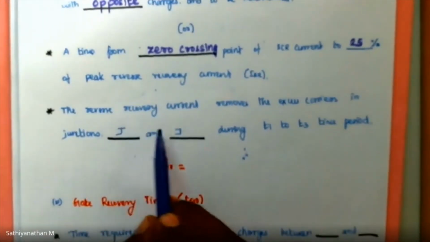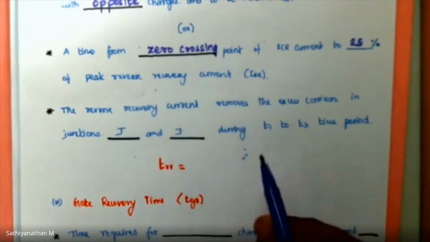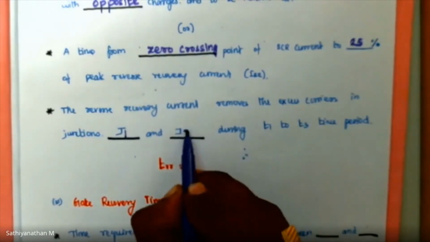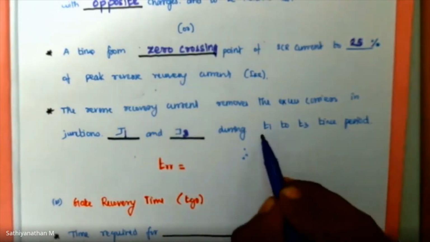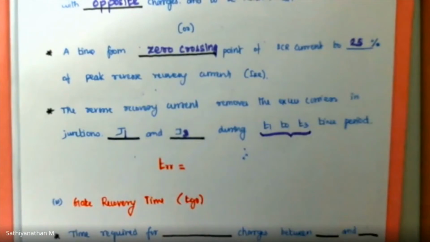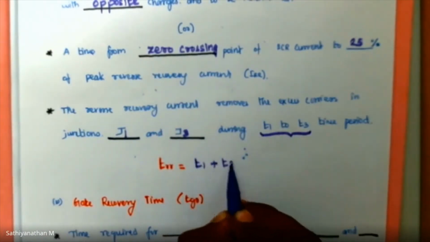And during this reverse recovery time, the excess charges in the junctions J1 and J3 are removed during this T1 to T3 time period. So TRR is nothing but T1 plus T2 plus T3.